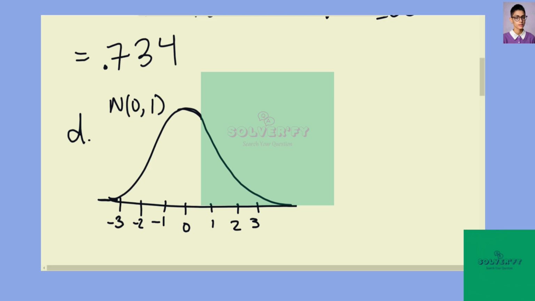Let's draw in our critical value, which is 1.96. It's about here. And then let's draw in our test value, which is 0.7, which is about here. Sorry, positive.